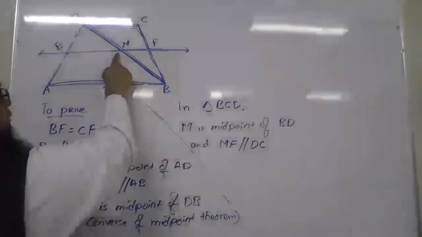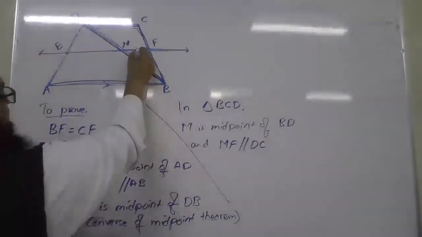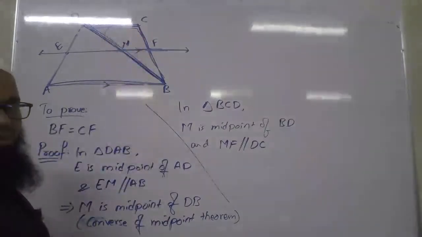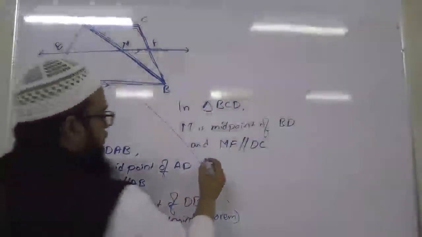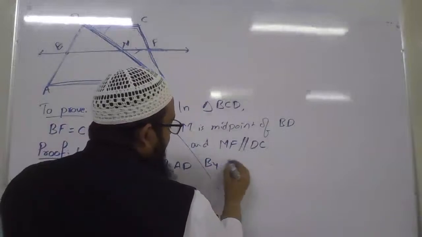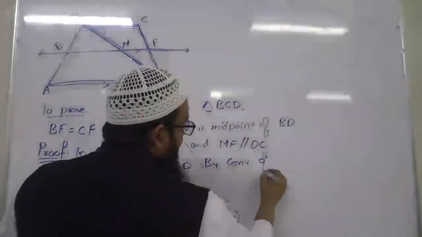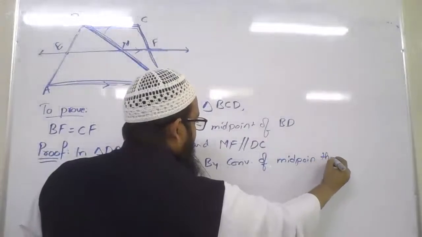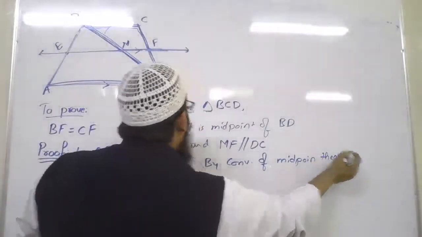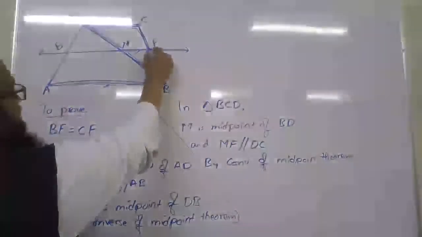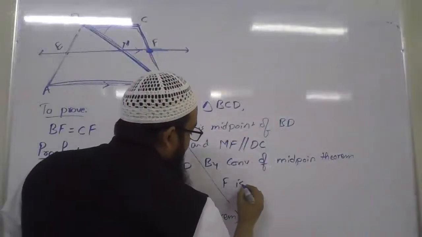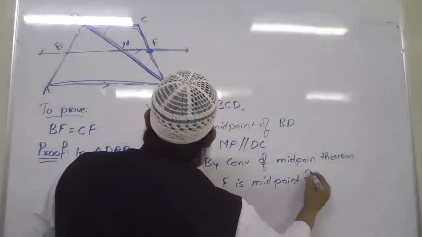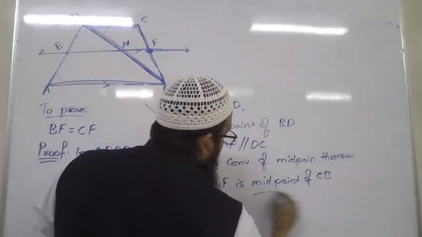Now M is the midpoint and MF is parallel to DC. When these two are parallel, according to the converse of the midpoint theorem, F is the midpoint of CB.